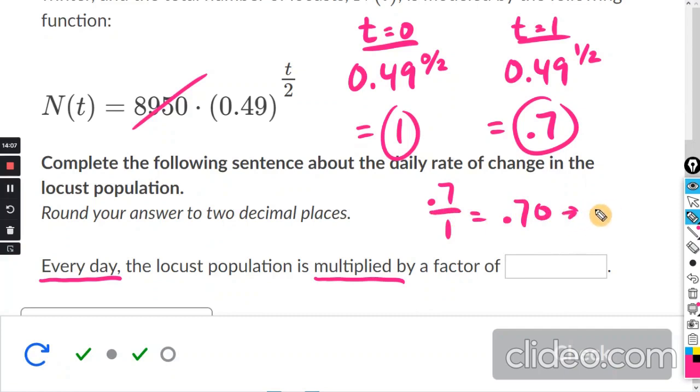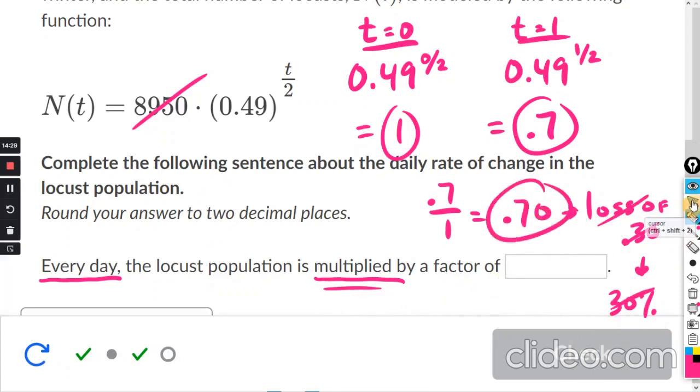That is a loss of 0.30, which is 30%. Well, we don't need percentage this time. In fact, we don't even need to know what the loss is. They just asked us what the multiple is. So it's going to be multiplied by 0.70.